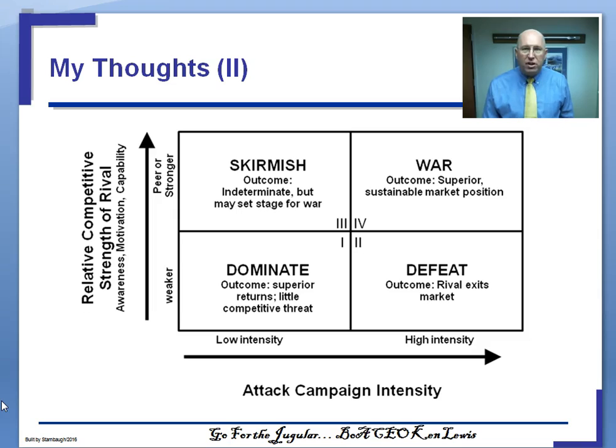I think a couple of examples of dominated competitors today are Sears. I believe that Sears could be taken out anytime that, say, Walmart or some of the other department stores wanted to, but they just choose not to. And I'll talk more about why they would make that choice in just a minute.